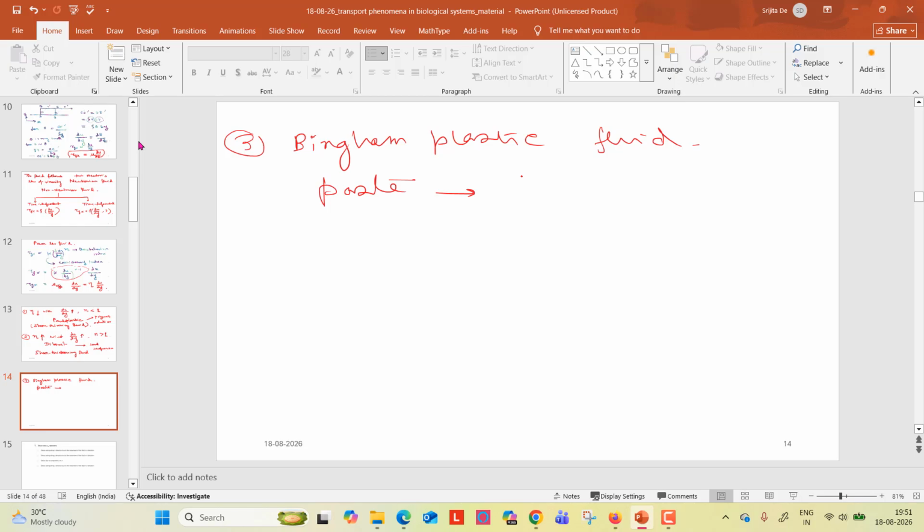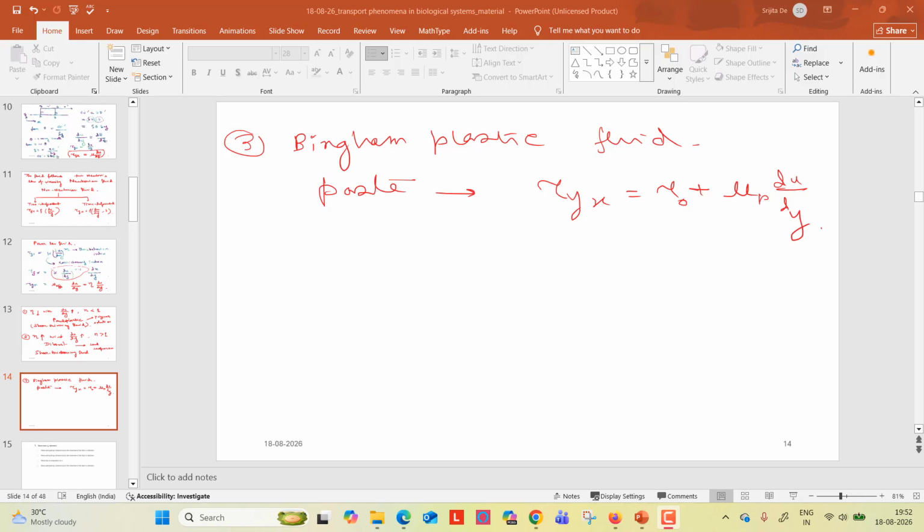So this is the example of Bingham plastic, toothpaste. Our expression is tau_x equals tau_0 plus mu_p du/dy. So this is the Bingham plastic.